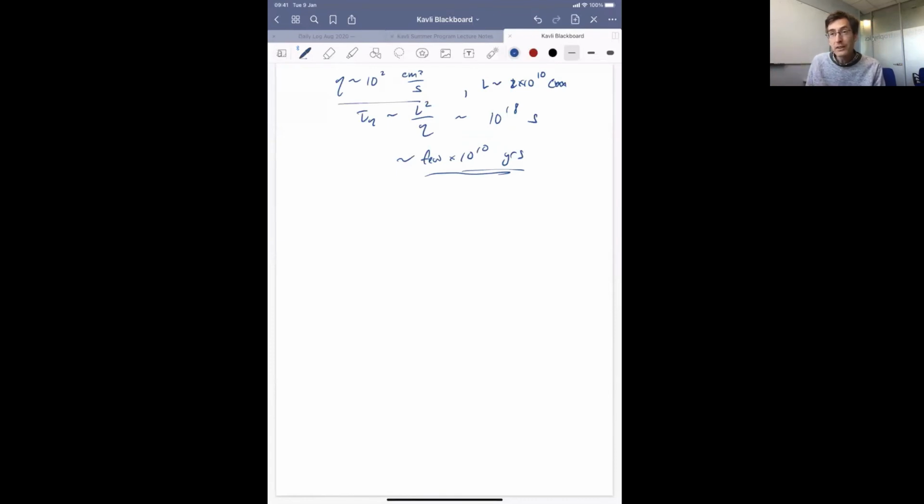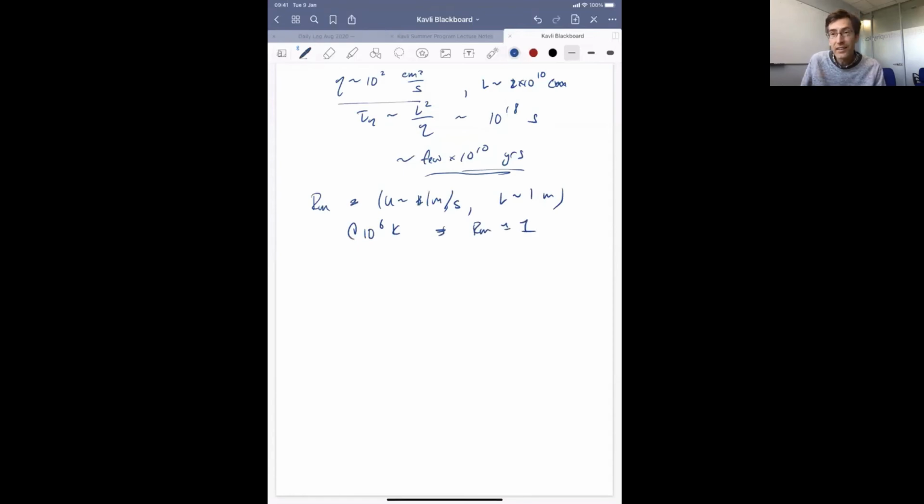Maybe a useful number to keep in the back of your head is the magnetic Reynolds number for a person-sized thing: U of 1 meter per second, L of 1 meter. In a plasma at about 10 to the 6 Kelvin, Rm is about 1.